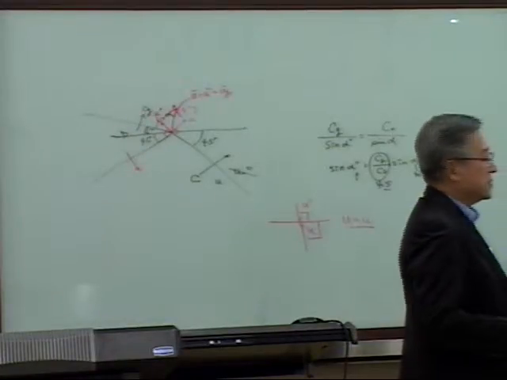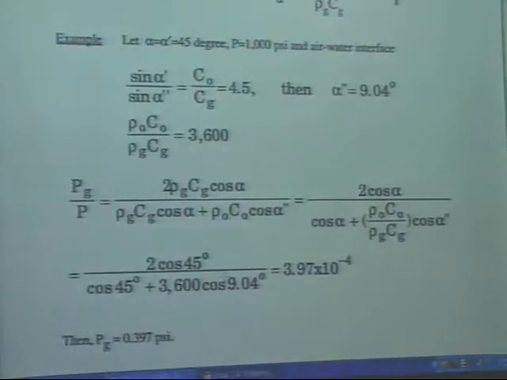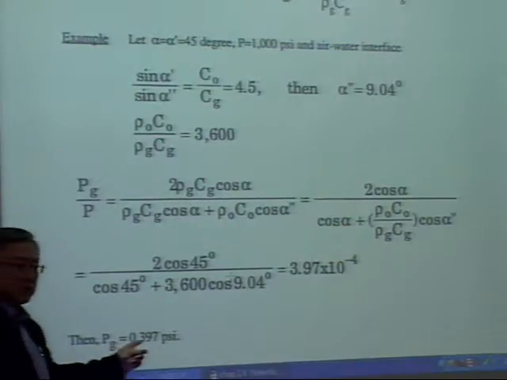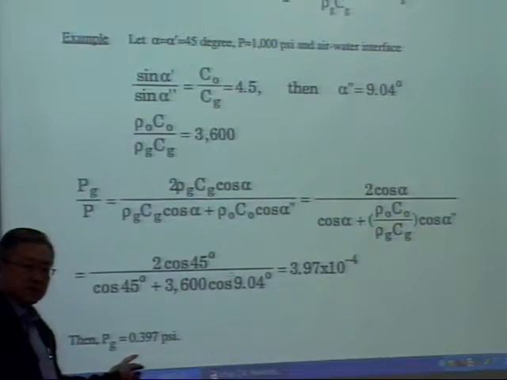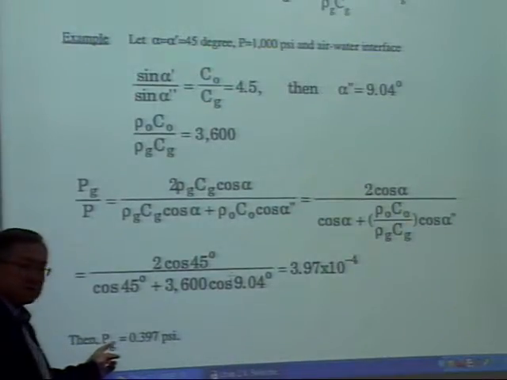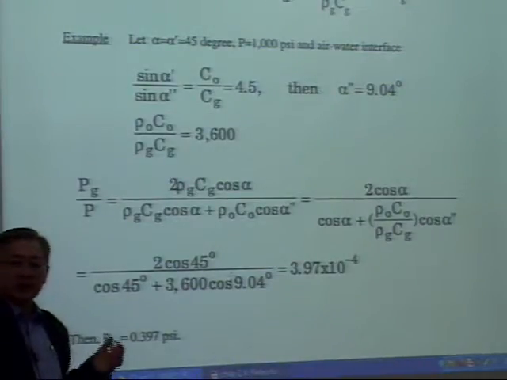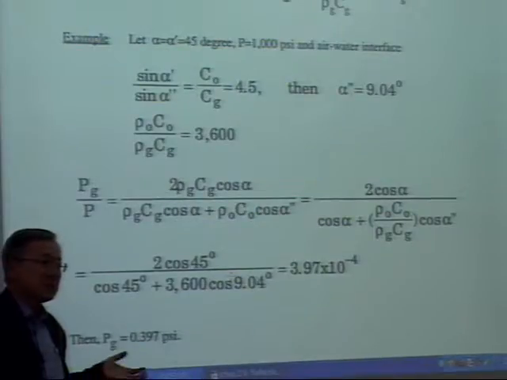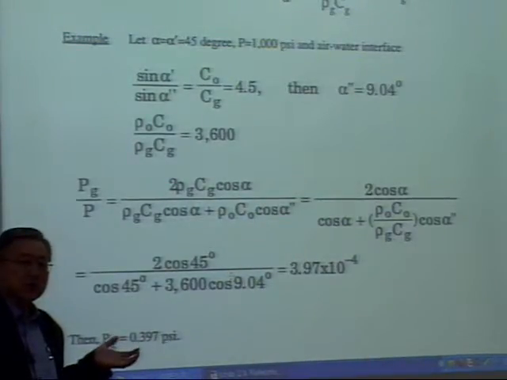Then you got 3.97 times 10 to the minus 4, which is about 0.4 psi. This has a big value in there. This is the pressure escaping into the air, because PG is the transmitted shock wave pressure into the air.